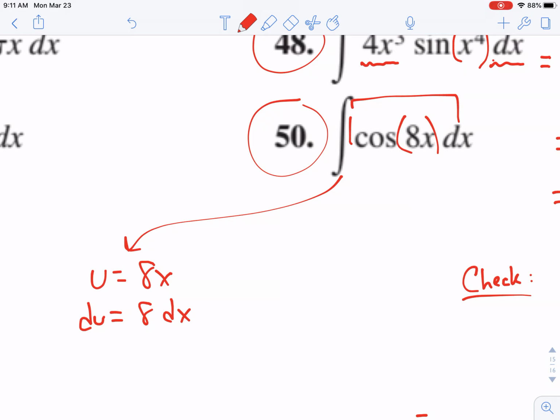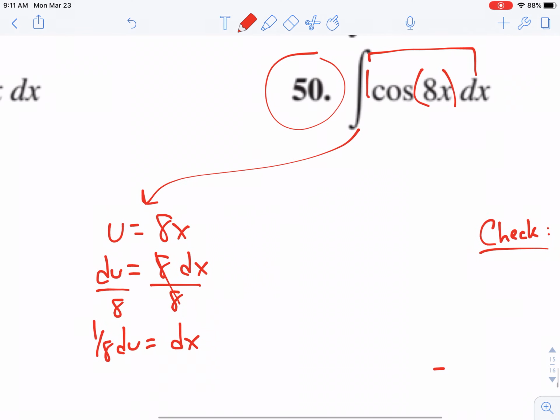We need it to be 8 dx. Or, I'm sorry, we need 8 dx to turn into 1 dx. We have to replace everything in our original with stuff about u and du. So we need to get this 8 out of here and turn it into a 1 by dividing. Now we have a precise match.